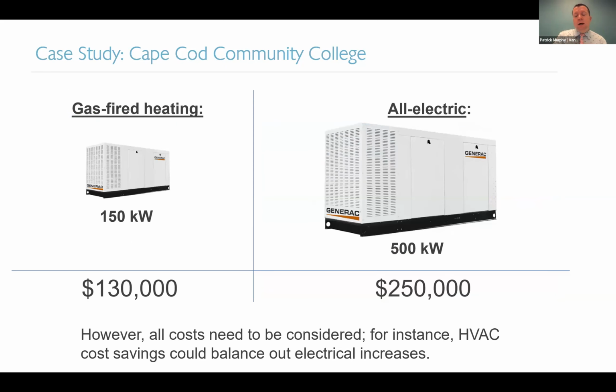And what we found when we were trying to be all electric, no fossil fuel use, was a resiliency issue. I think on the Cape, when nor'easters come by, the power is not completely reliable out there. And so the generator got larger to prevent a scenario like what we saw in Texas about 2 years ago, where they lost power for days in the middle of a cold snap, pipes froze, a lot of property damage.